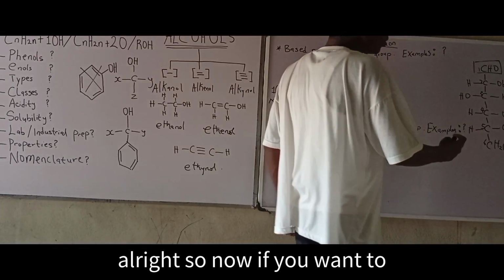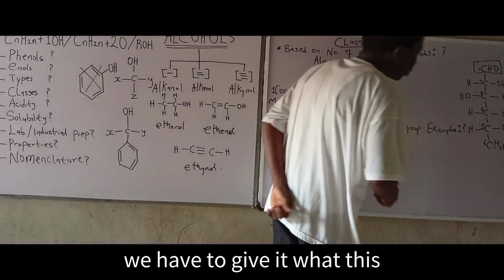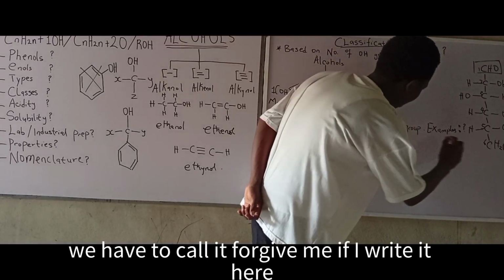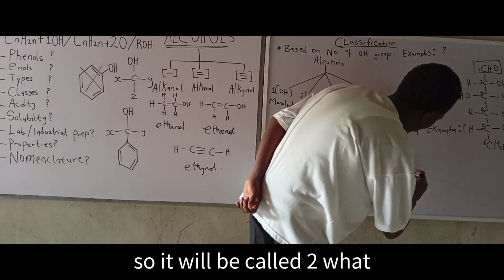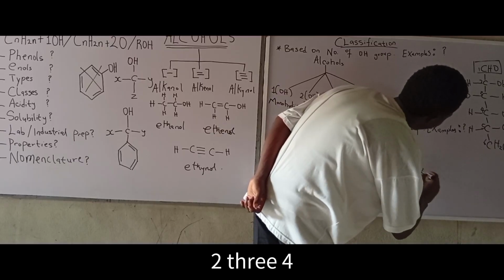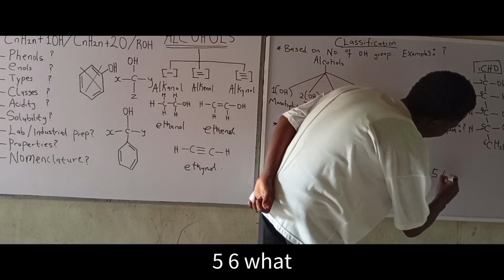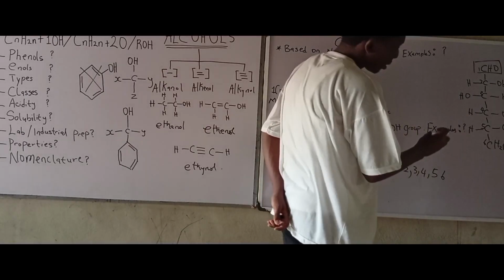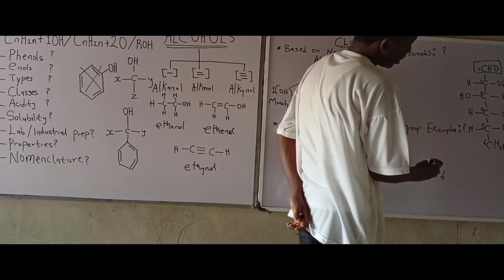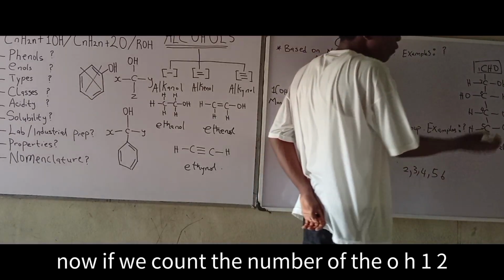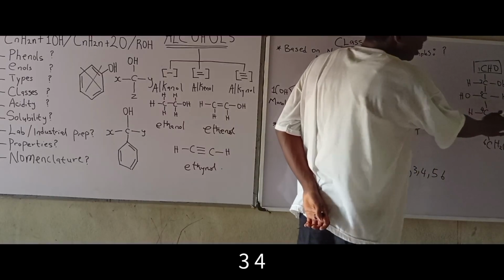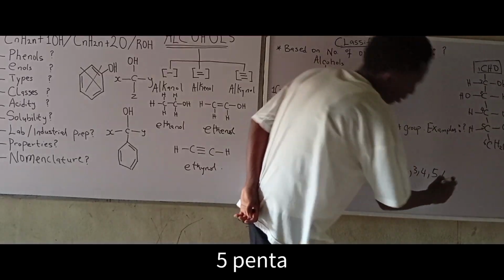Alright, so now if we want to give it an IUPAC name, we have to give it this. It will be called 2, 3, 4, 5, 6. Now, these are the positions of the OH. Now if we count the number of the OH, 1, 2, 3, 4, 5.